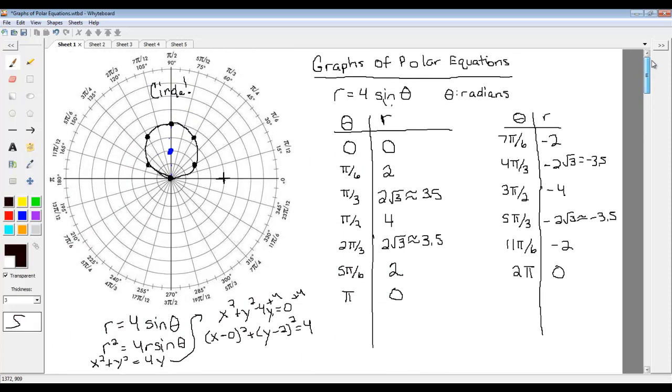So going back up here, 4 sine theta, a is the 4. And since it's sine, your center should be at 0 comma 2, because a over 2 is 2. And then the radius should be 2. And it is.